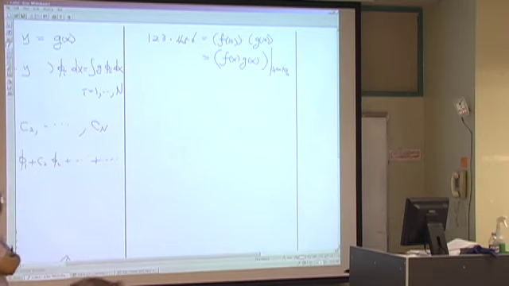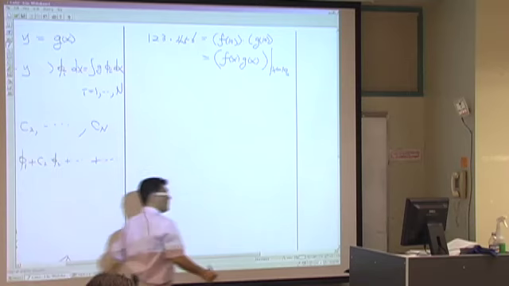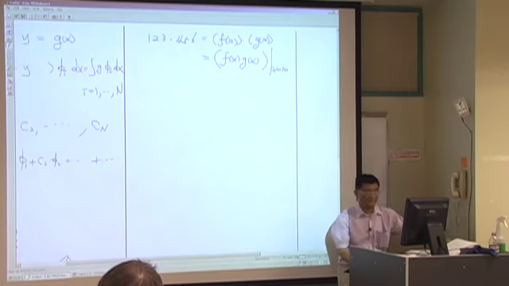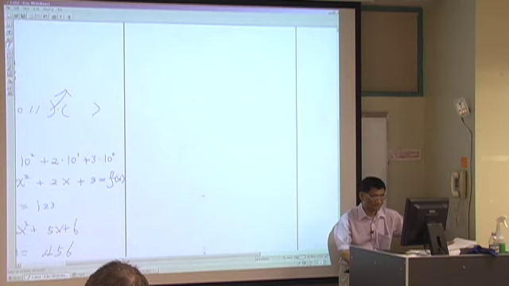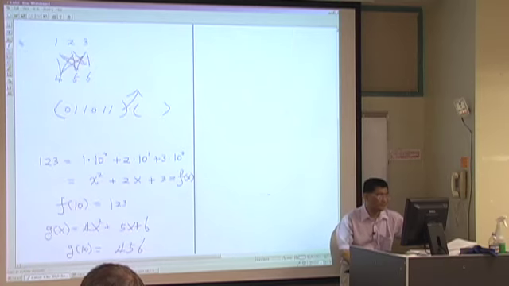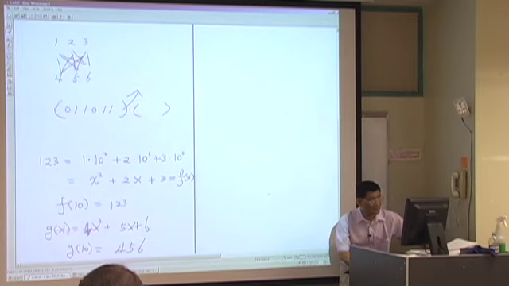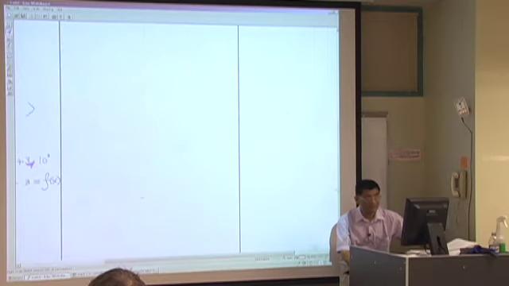I didn't catch how g of 10 equals 456. So g of 10 gives us 4 times 10 squared plus 5 times 10 plus 6. So it's like this. Any other questions?